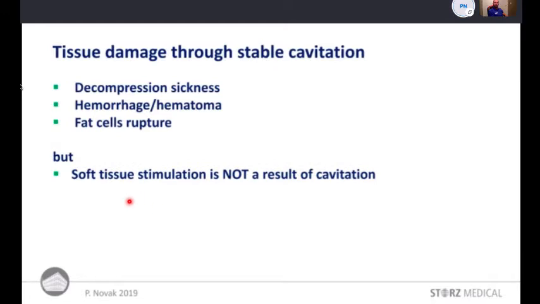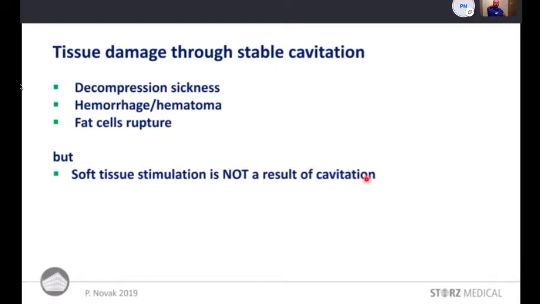Thus, finalizing with a summary and take-home message: soft tissue stimulation, the mechanotransduction, which is considered the effect of how the shock waves or pressure waves stimulate the healing process by releasing growth factors, increasing cell metabolism, and stimulating stem cells and the immune system, is not a result of cavitation.